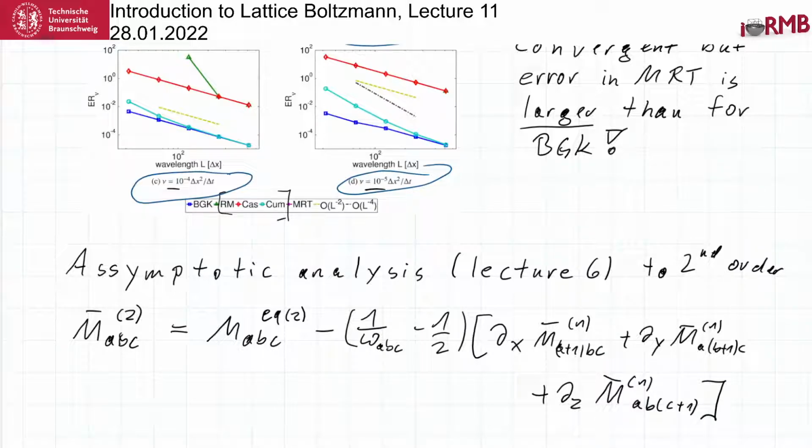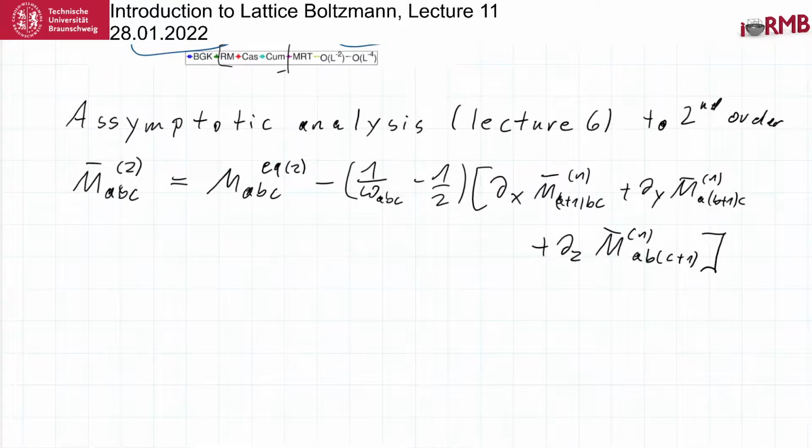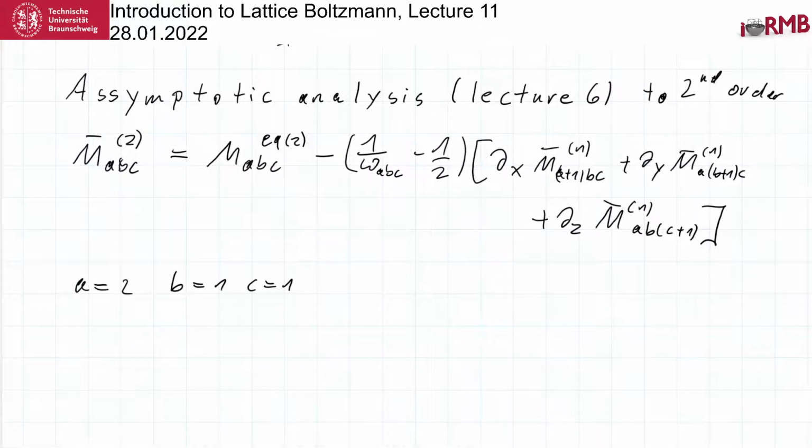So this is what comes out of the asymptotic expansion if we use countable moments. Yeah? And now we specify a equal to 2, b equal to 1, and c equal to 1. And then we get M211 to second order.